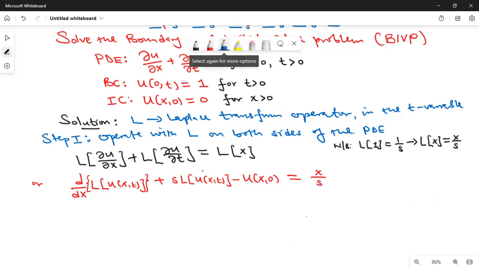Now I can say let u bar be equal to the Laplace transform of u of x, t.